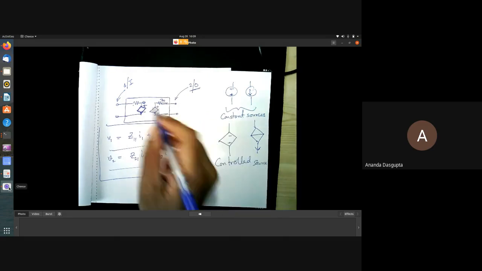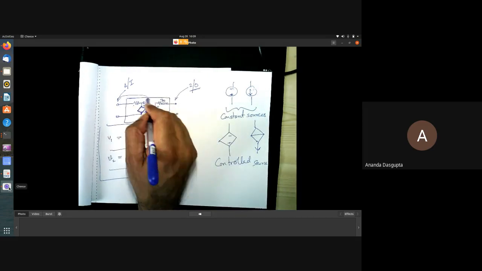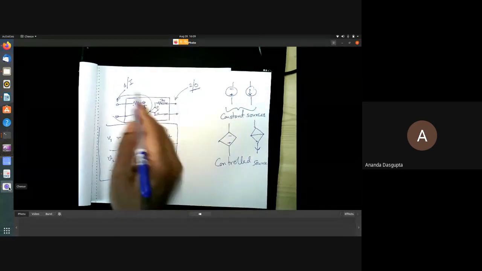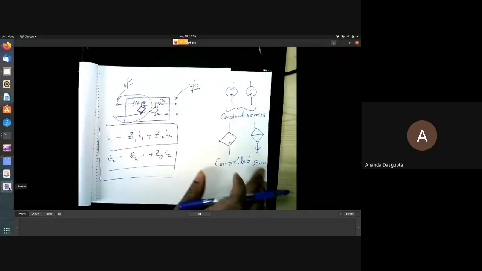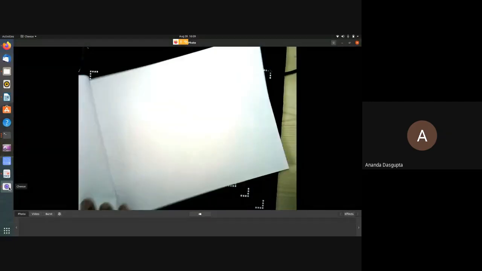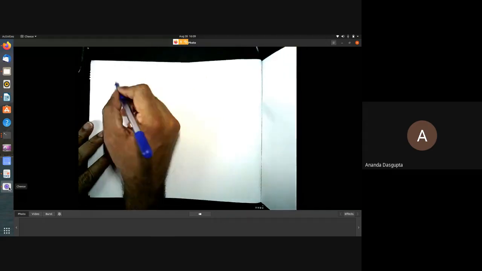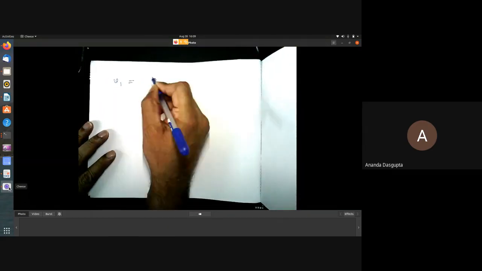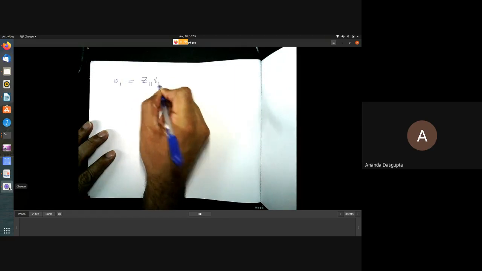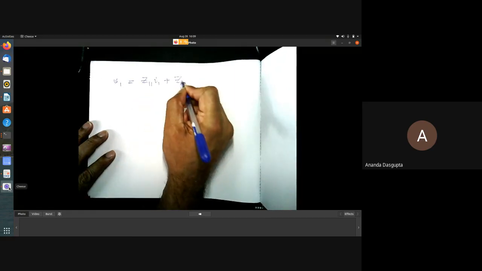Okay. So basically what you have is a circuit which looks like this. I hope everybody understood that. Let me just make this a bit more clear. The equation that you have is simply V1 is Z11 I1 plus Z12 I2, right?